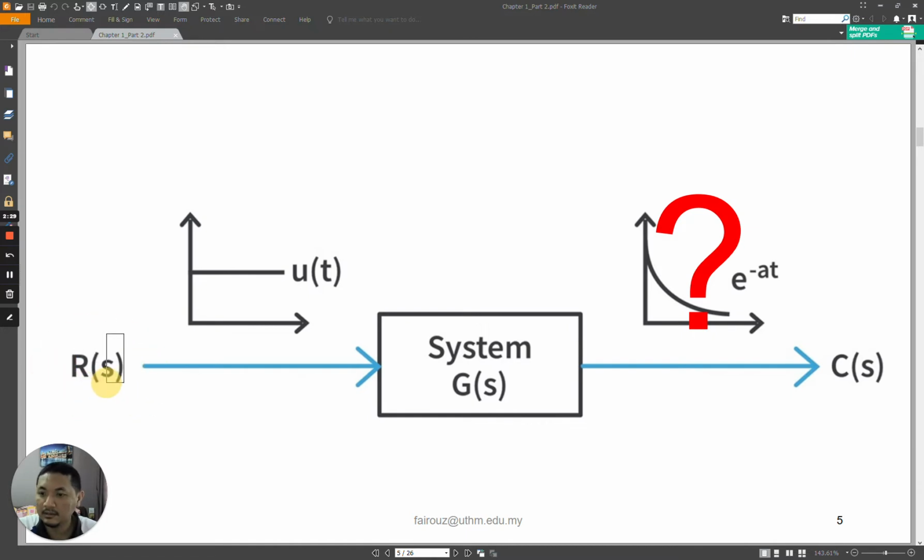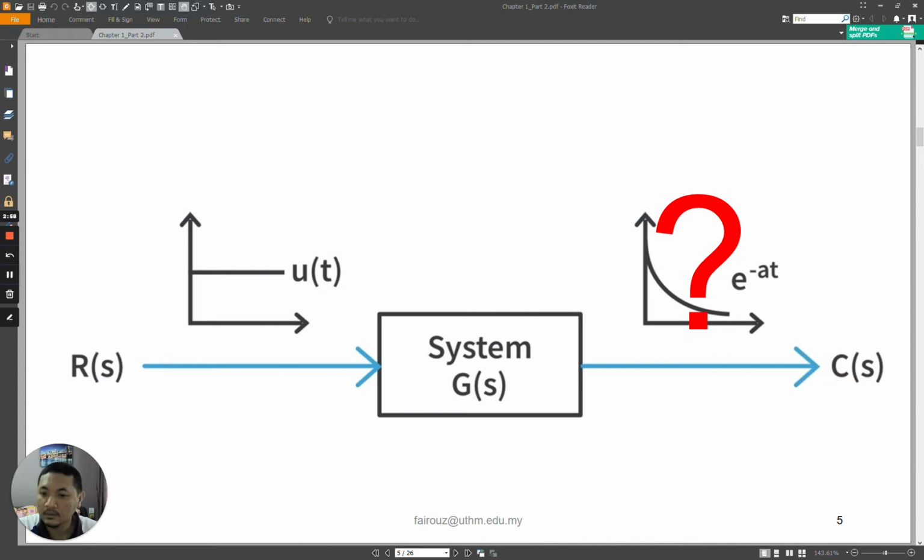This is in S domain, or if it is in time domain, as an example, it is represented by a signal like this, a step input. So this R(s) is given to the system G(s). The question is, what is the output of that system? The output, C(s).